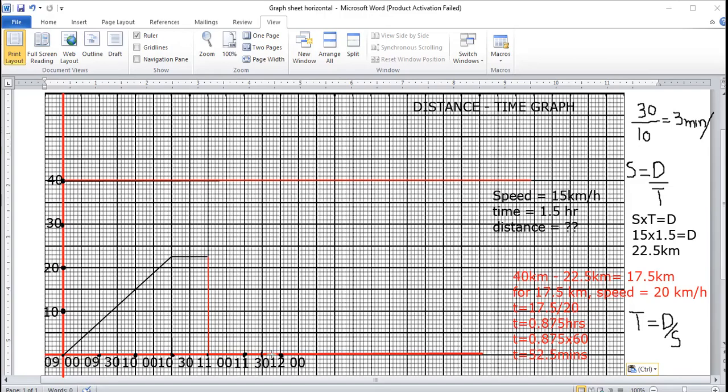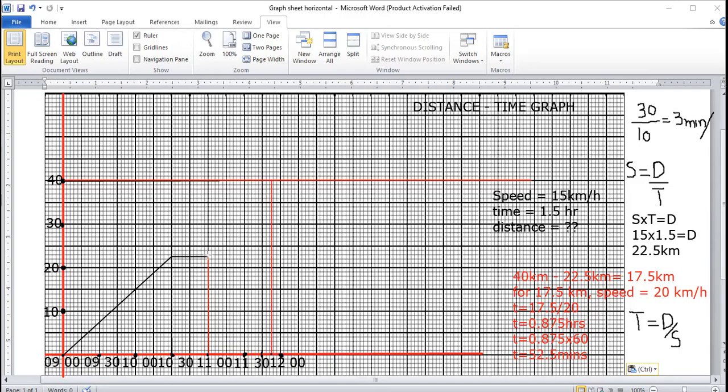So now from here, I'm going to draw a straight line till the 40 kilometer on the top. This is the time at which my body is going to reach the destination.